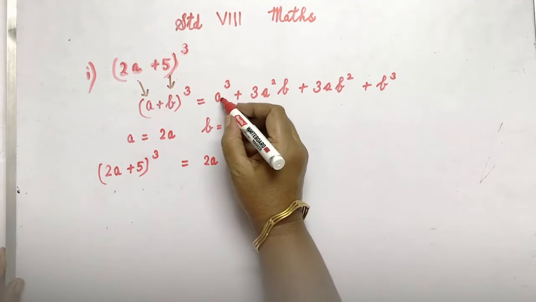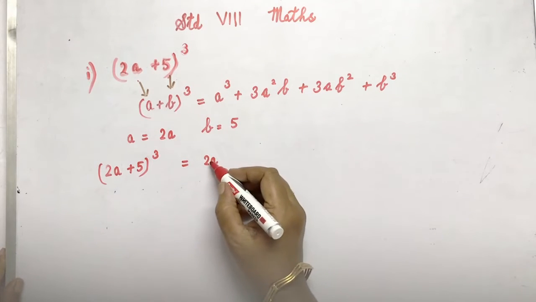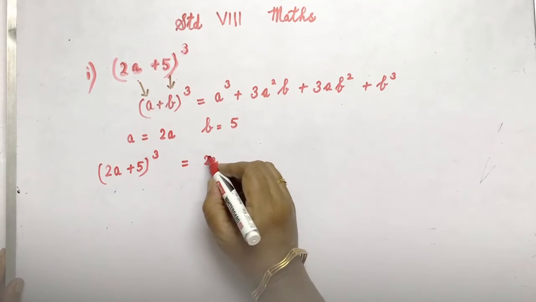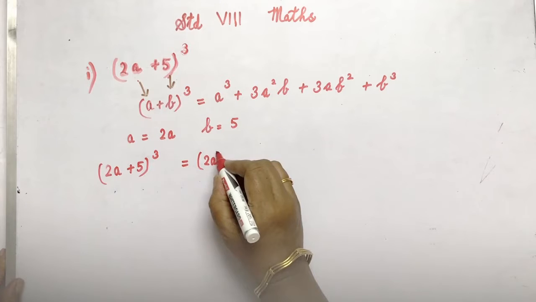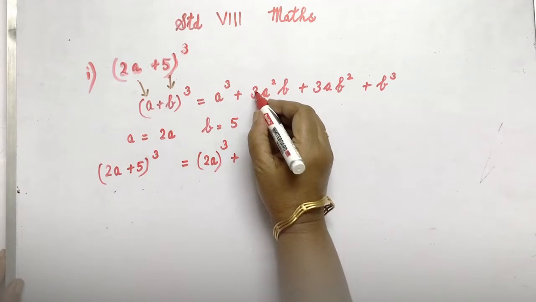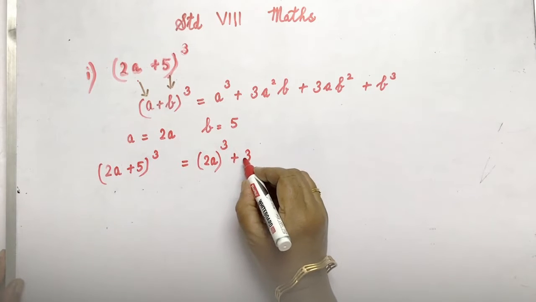Here this term contains a constant and a variable, so we have to write it in a whole cube, plus 3, the 3 should be written as such.